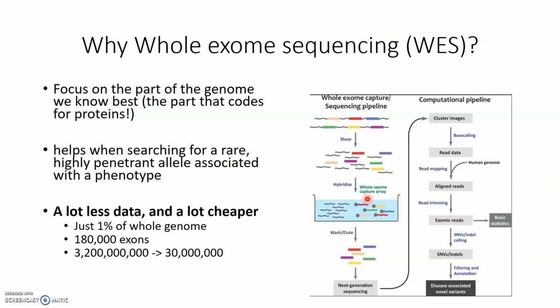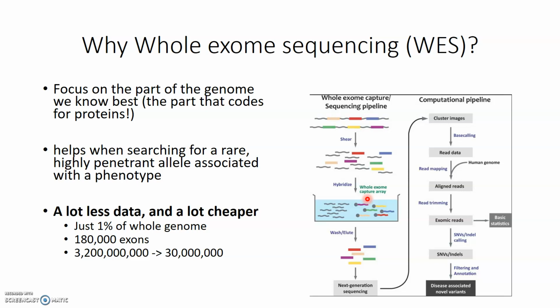The answer, from a very basic sense, is that we understand a lot about how these exons are translated into proteins, and how changes in the amino acid composition of that protein can affect function. So it's the part of the genome that we actually know best.